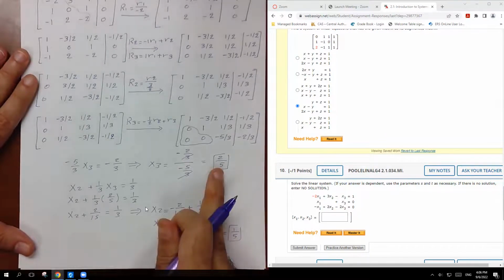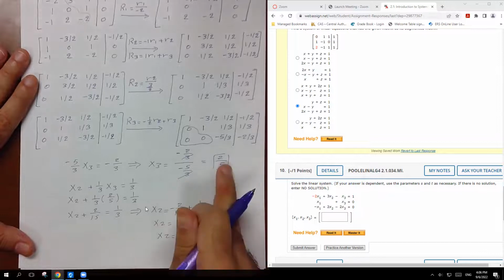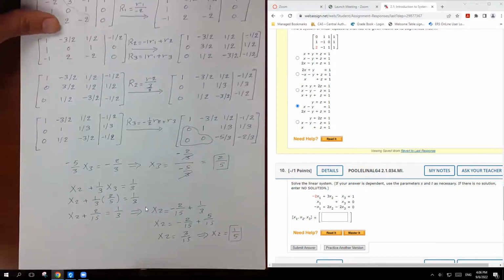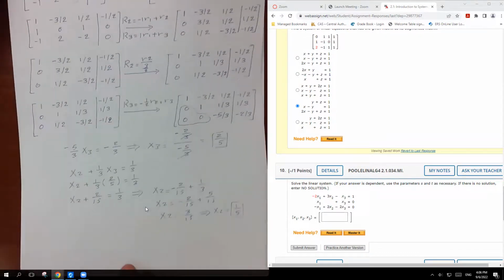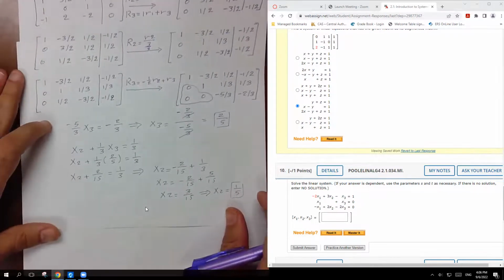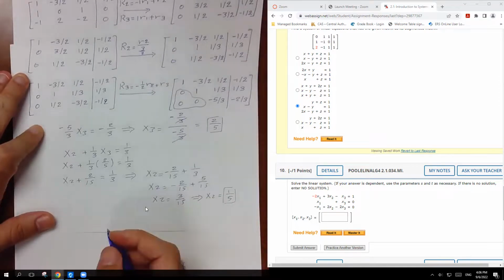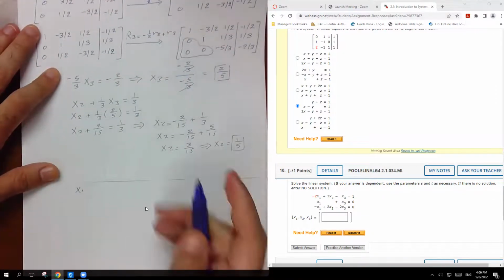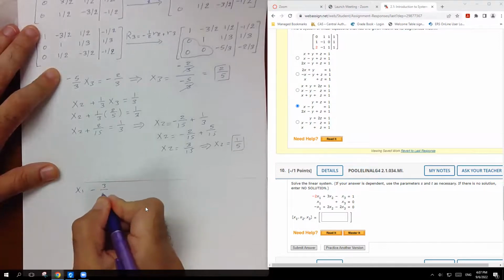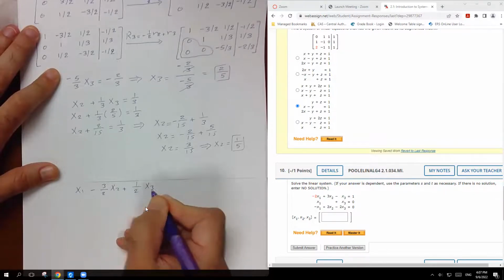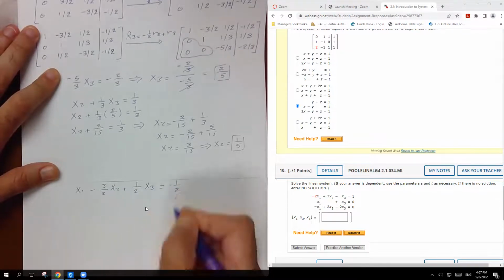We're going to plug in x2 and x3 in the first equation to get x1. We're going to keep going. The first equation is x1 minus 3 over 2 x2 plus 1 over 2 x3 is equal negative 1 over 2.